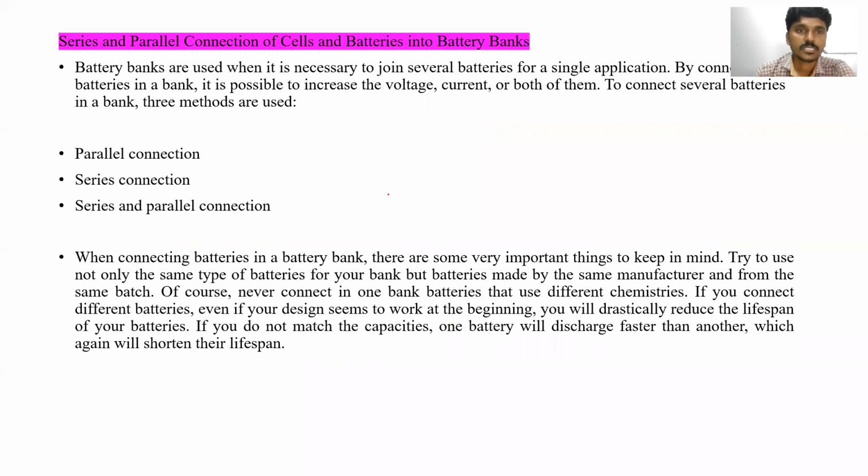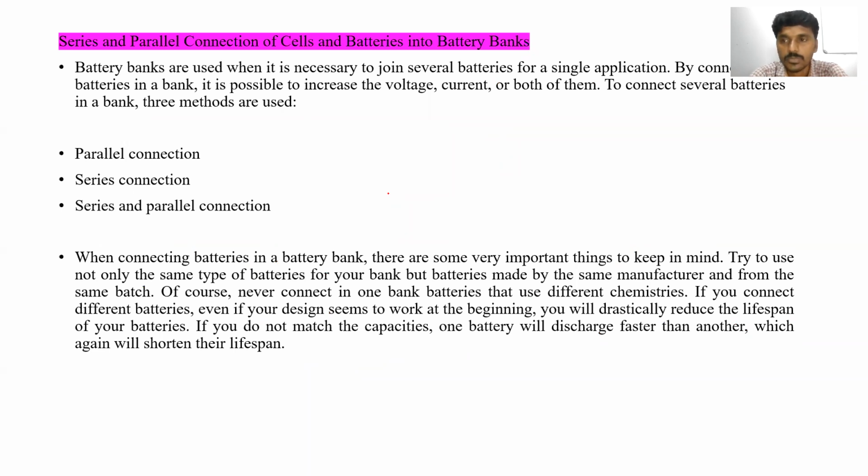Battery is nothing but the combination of a number of cells. Maybe one cell or more than one cell, two, three, four cells, and these cells are connected in series or parallel or whatever.